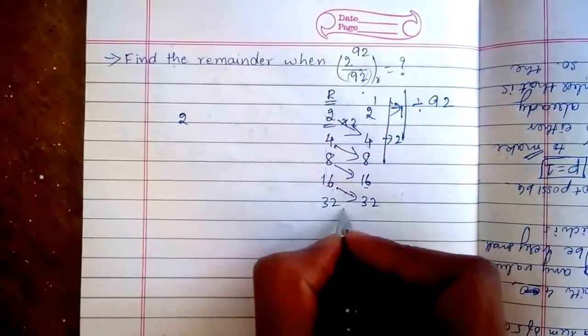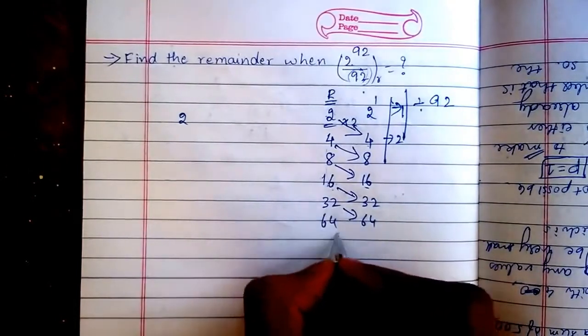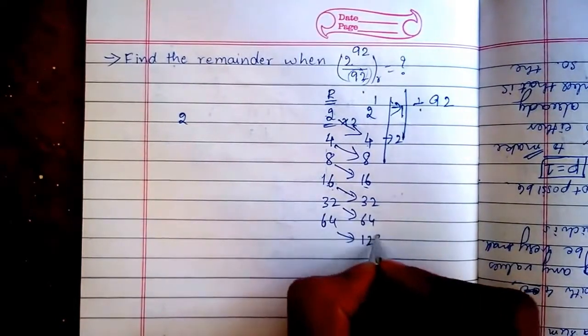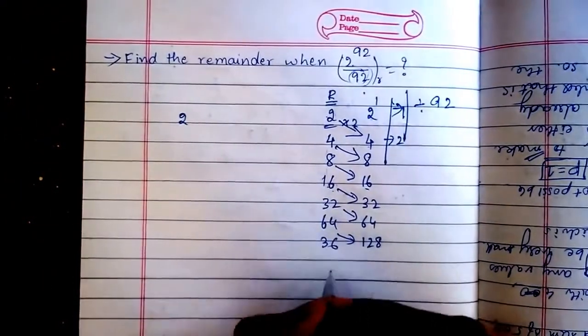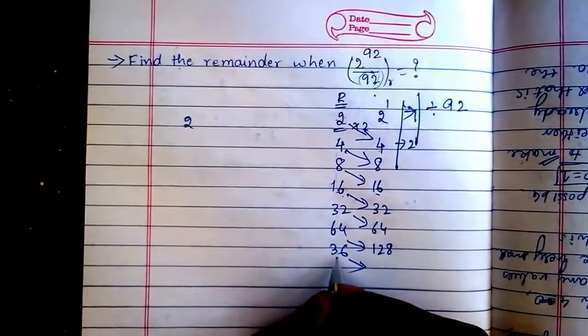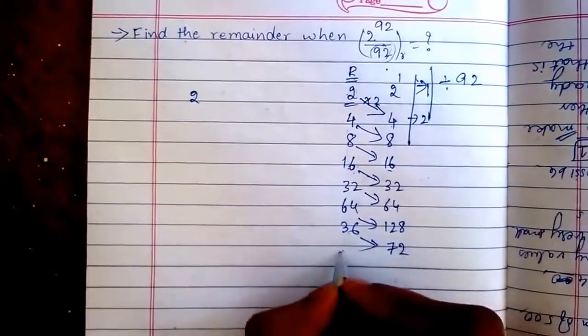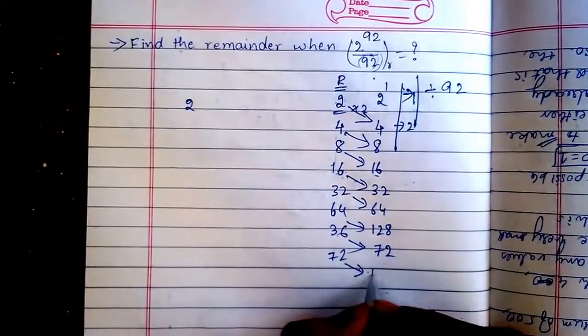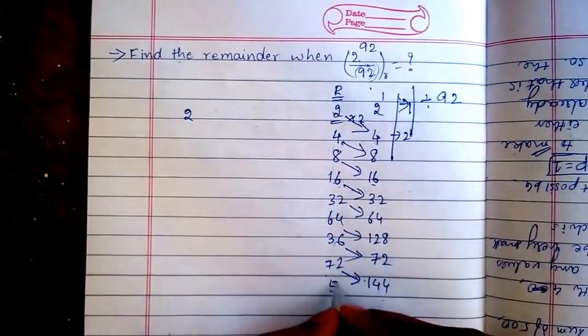32, remainder 32, then I have 64 and remainder 64, then we have 128. 128 divided by 92 should give us a remainder 36. Then again we proceed, 36 into 2, 72, and again the remainder is 72. 144, this will give us a different remainder, that is 52.